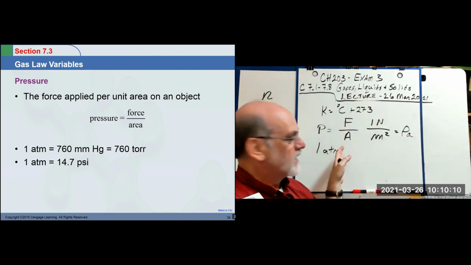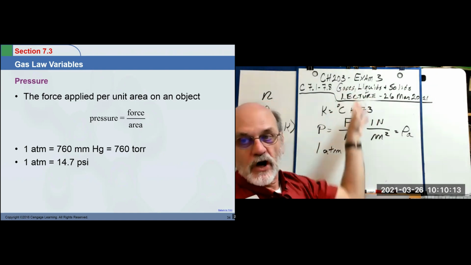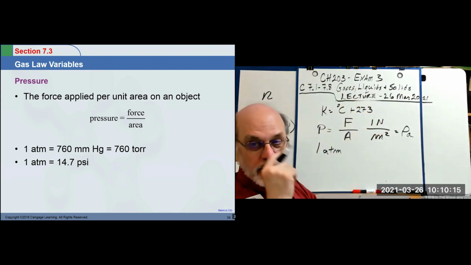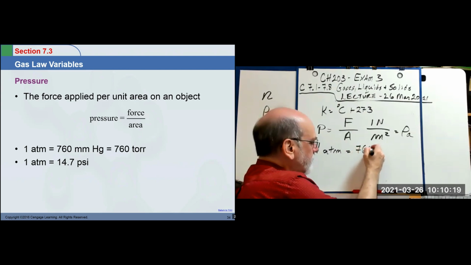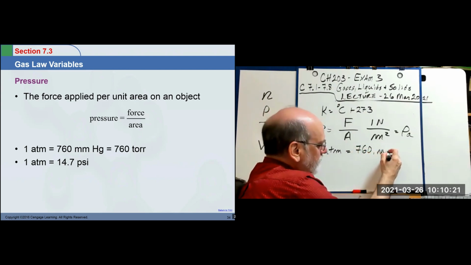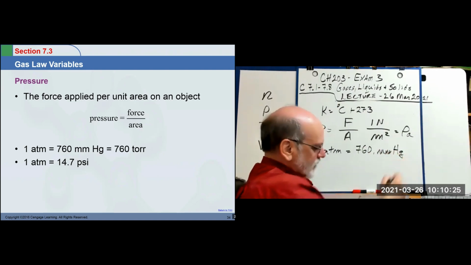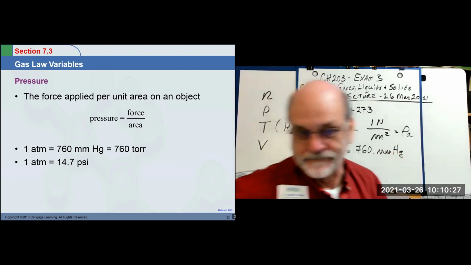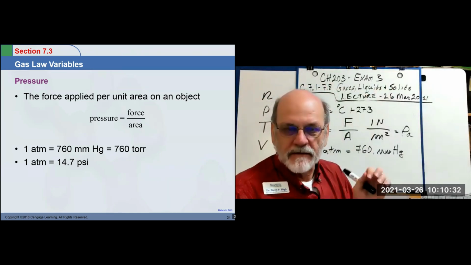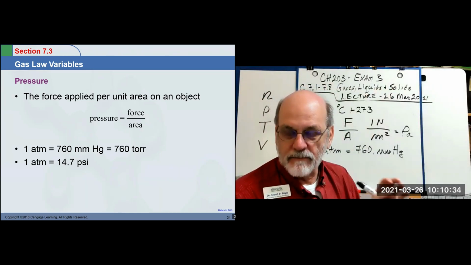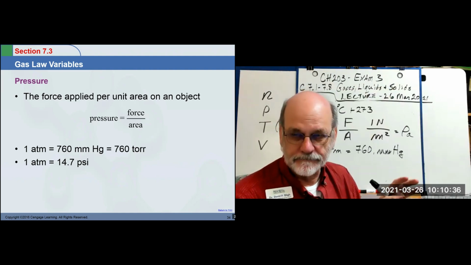So 1 atmosphere then has to be fixed relative to other measurements. And one of those measurements is millimeters of mercury. Now, what does that mean? Well, millimeters of mercury is based upon the development of a measuring device called a barometer.